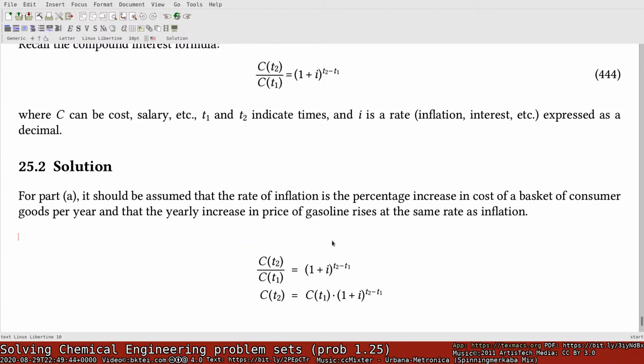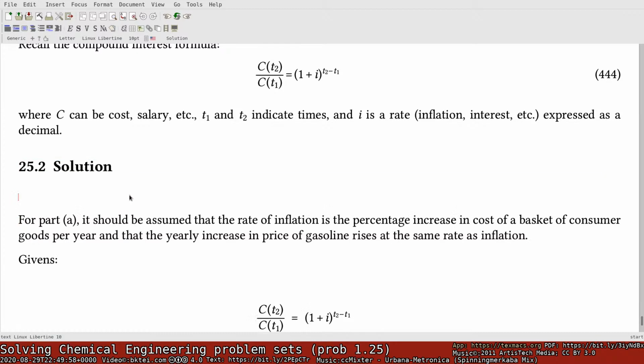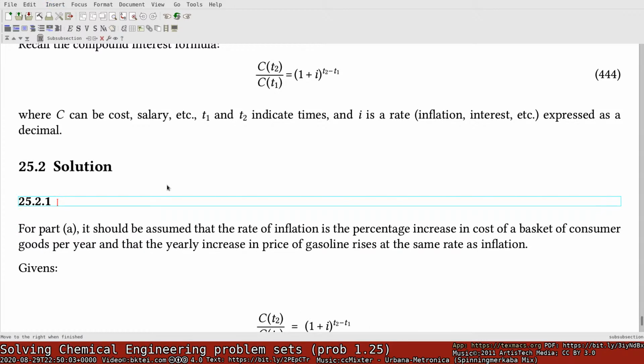So let's see. Let's list some givens. What if we can do a subpart for this one? Subsection. Oh, there we go.